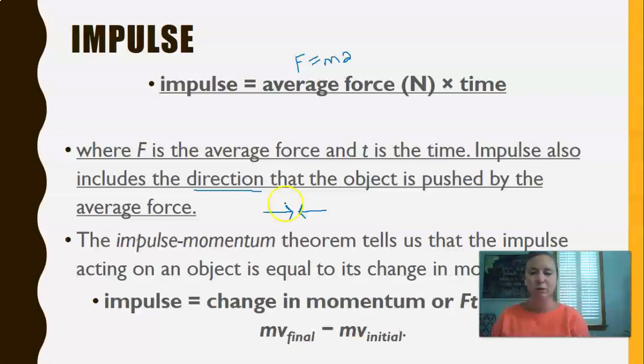So that's what this impulse is saying. So impulse momentum, the theorem that tells us that the impulse action on an object is equal to the change in momentum, and that change is what we're going to be focusing on. How does that change? What does that look like? So we're going to look at a couple of simulations to help develop our ideas behind this. So hopefully that was helpful, and go to our next portion where we're going to look at the simulations.